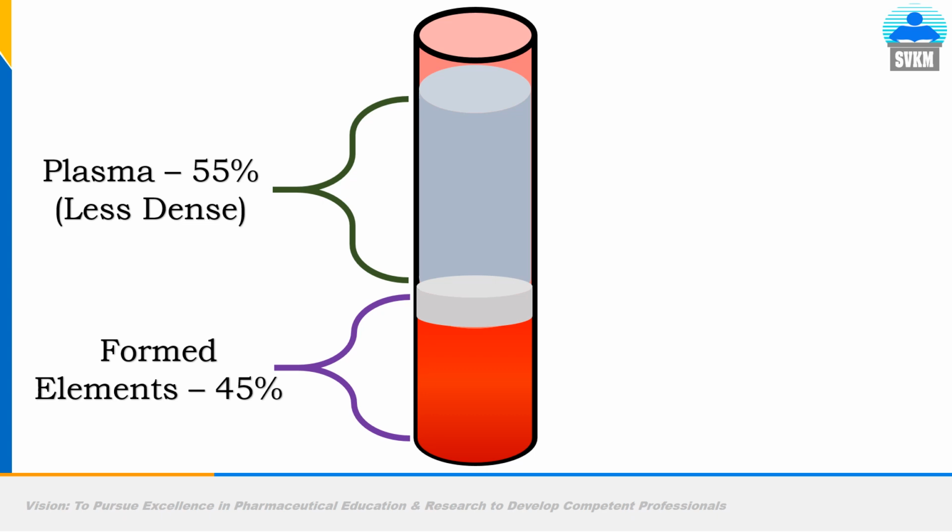Those which are more dense are called the formed elements, and they comprise 45% of the blood. Those which are less dense, or thinner, comprise the plasma, which is about 55%. Among the formed elements, RBCs, red blood cells, are more dense, so they sediment at the bottom of the test tube.